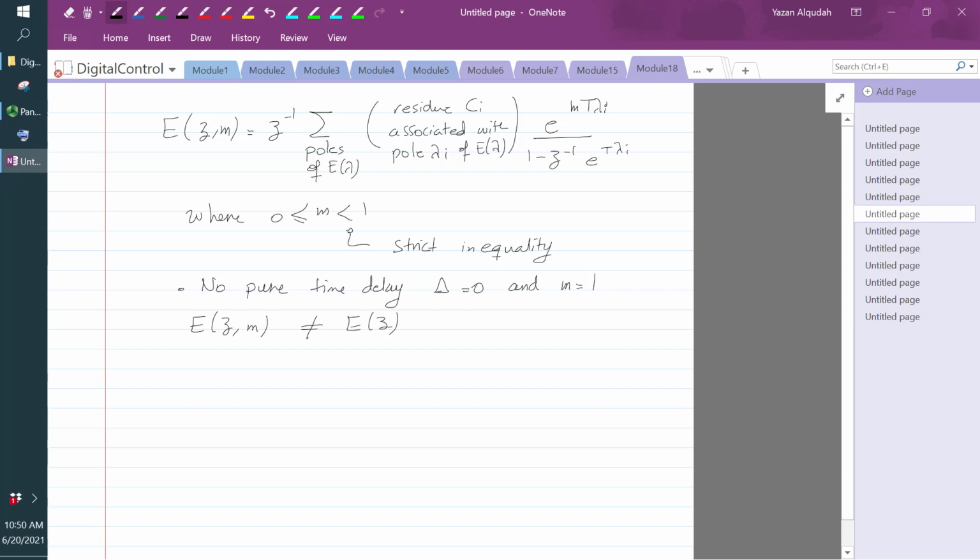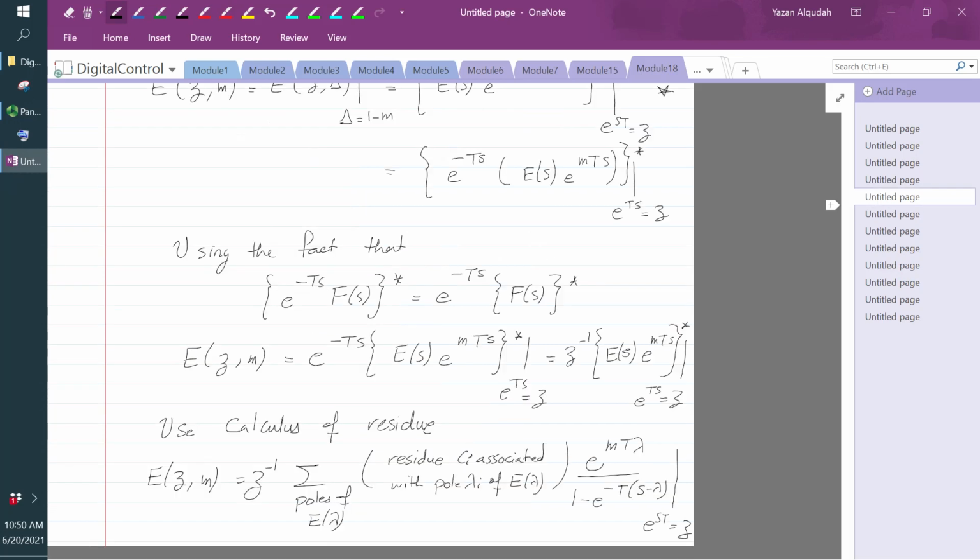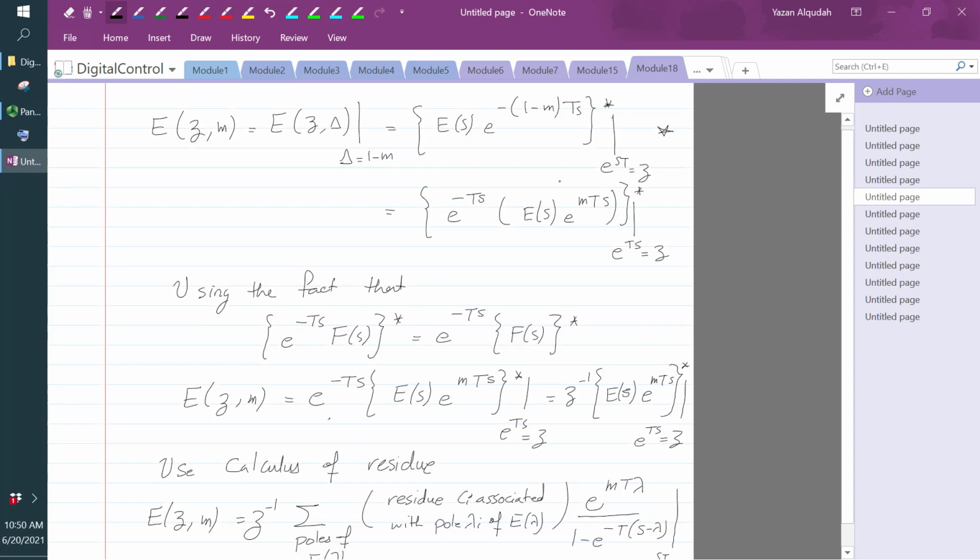Why? Because when we factored out e to Ts here, we did it with the assumption that m is not equal to 1. Does that make sense? So when we took here this e to negative T s, we assumed m is not equal to 1. If m is equal to 1, this is going to cancel. We're not going to be able to take this factor.